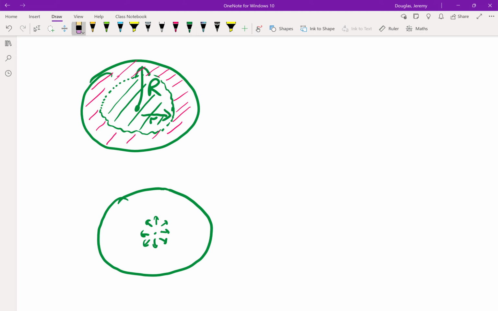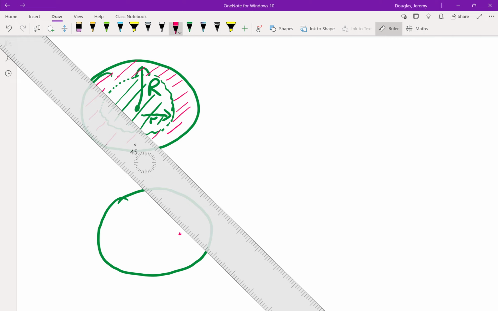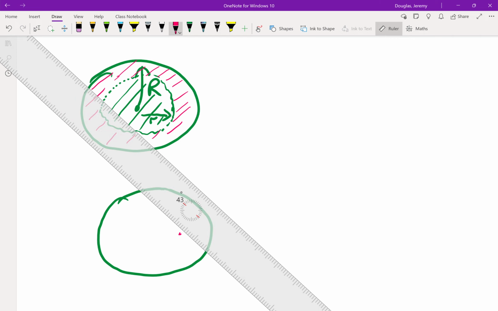That's fine. But what about if you weren't in the middle? What if you were somewhere else? What if you were like there? Now, this argument is something I saw in the Nuffield physics book from the 1970s.